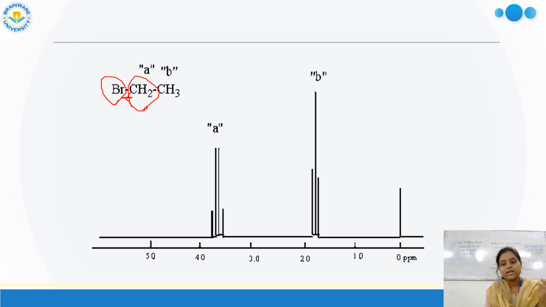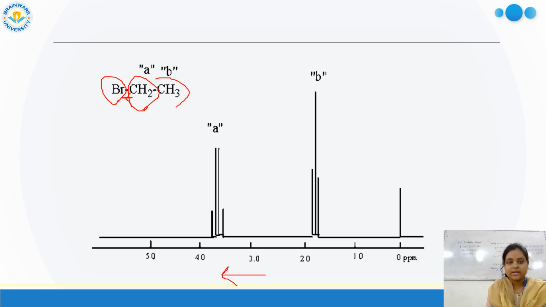Bromine takes the electron cloud towards itself, so very little electron cloud is present to protect that nucleus. That's why it experiences more magnetic field, and it will show a higher chemical shift here.